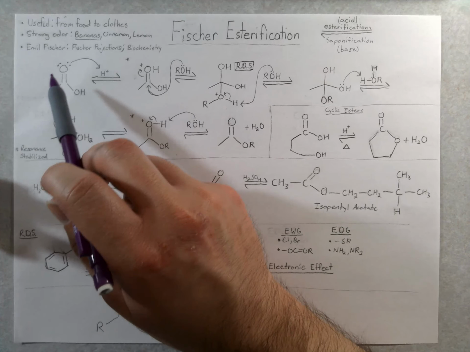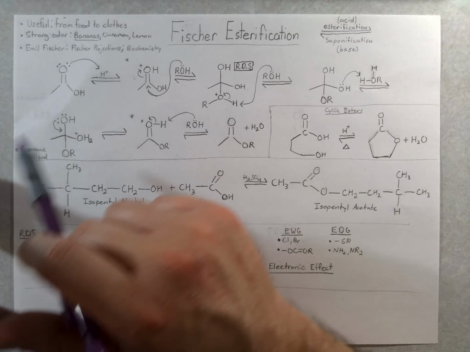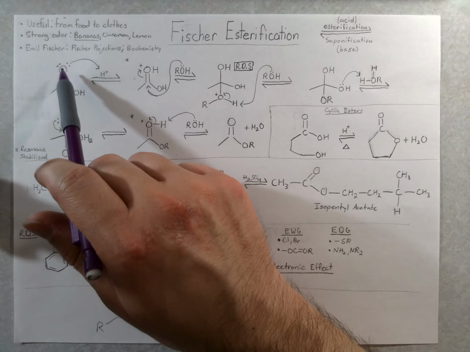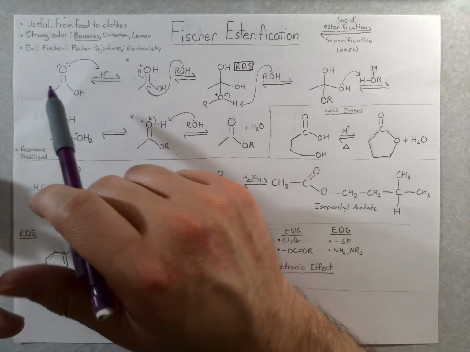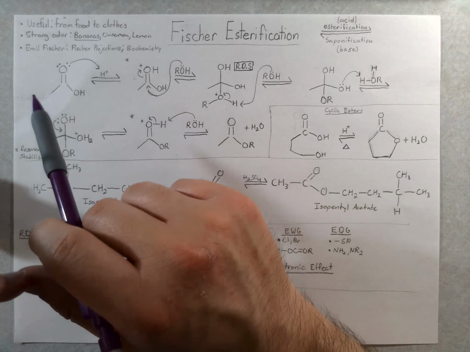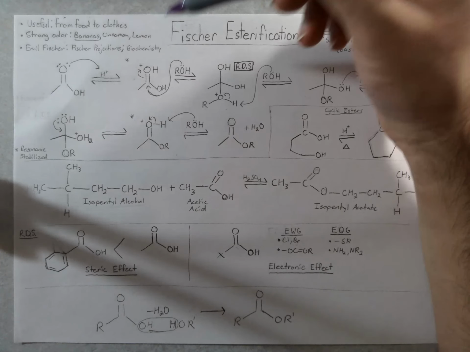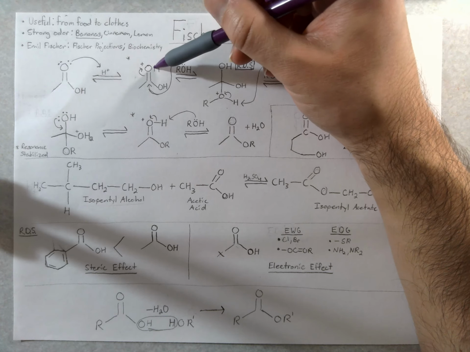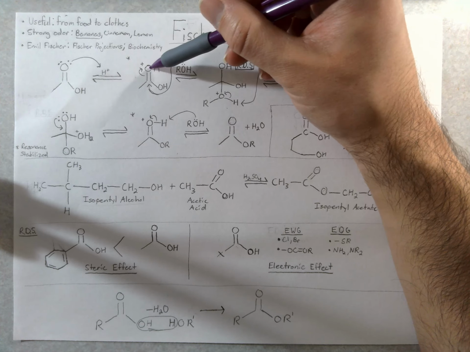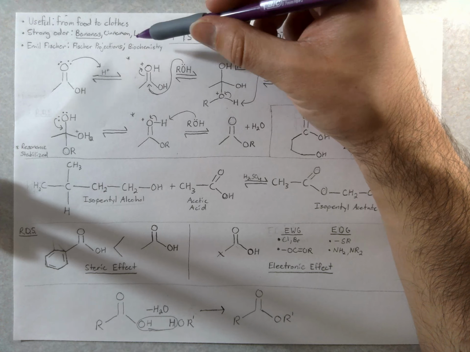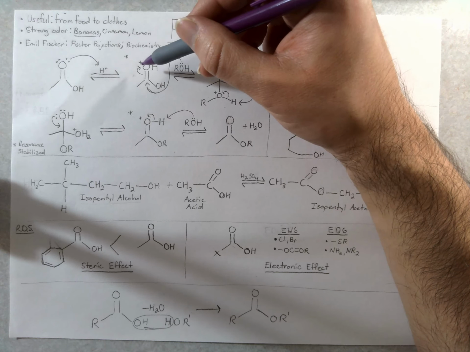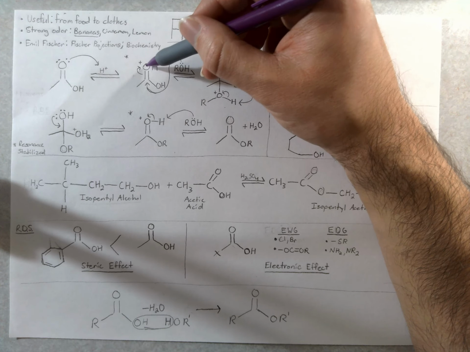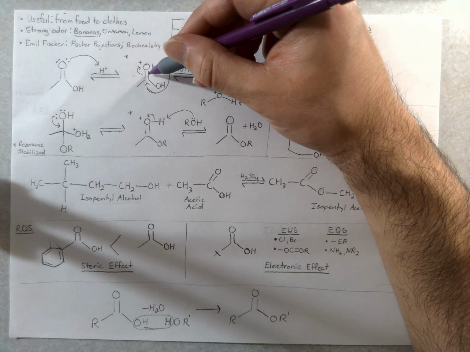So first we have our carboxylic acid, and we are protonating the carbonyl oxygen of the carboxylic acid with our acid catalyst, forming an oxygen with 3 bonds, a triple bonded oxygen. So this will have a positive charge, which will strongly pull the electrons from the carbonyl carbon towards itself.